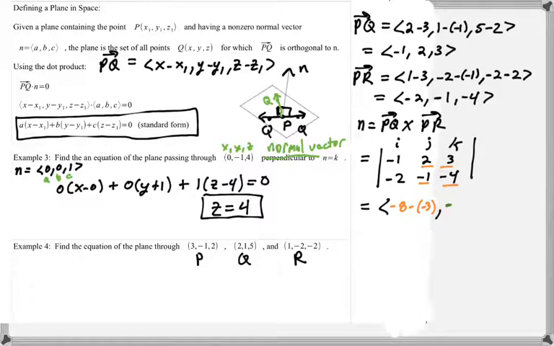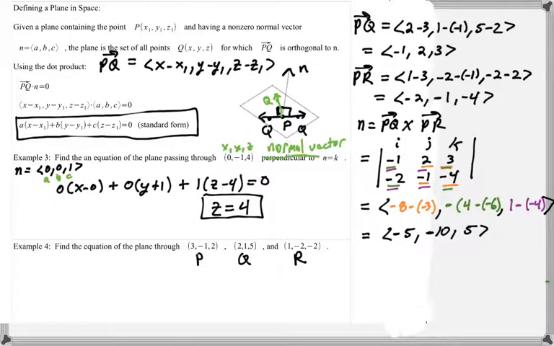Okay, then remember the j component is negative. And we got negative 1 times negative 4, which is 4, minus negative 2 times 3, so minus a negative 6, comma, and then the k component, negative 1 times negative 1 is 1, and then minus negative 2 times 2, which would be a minus a negative 4. So then our normal vector is going to be negative 5, negative 10, and 5.